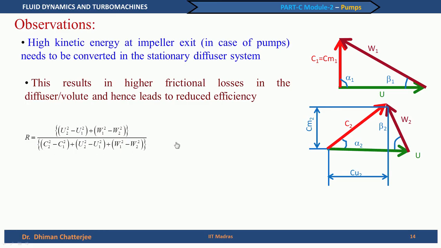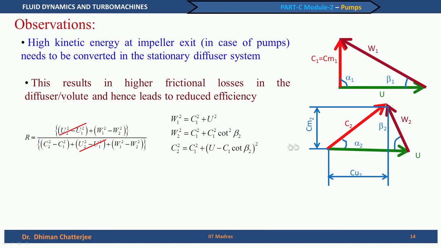infinity. Since we have assumed that it is an axial flow pump, U2 equals U1 and this term drops off. And we can write W1 square, from the velocity triangle, as nothing but C1 square plus U square.